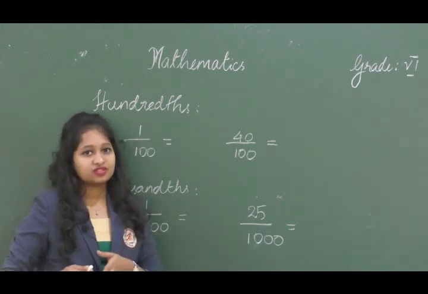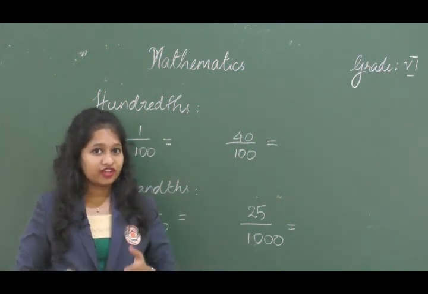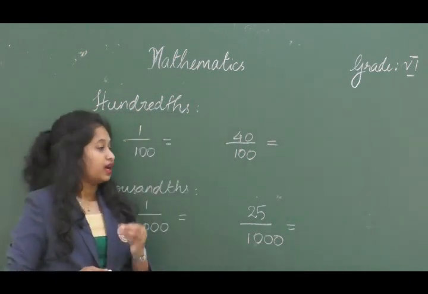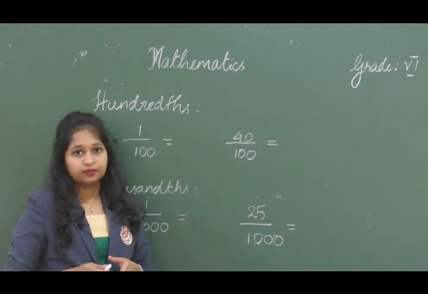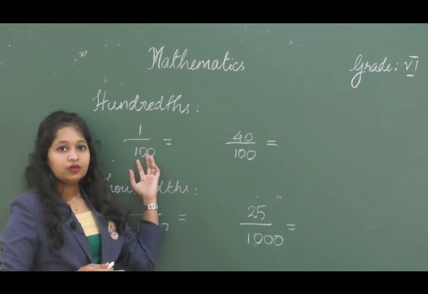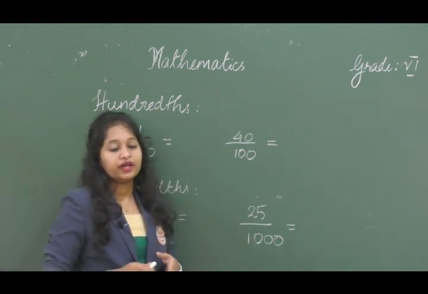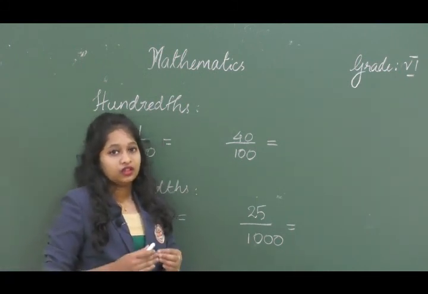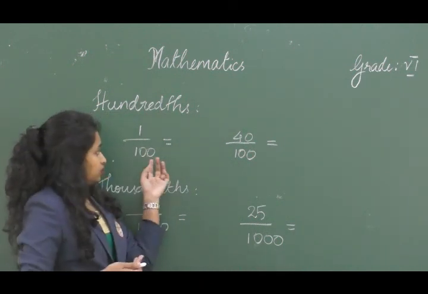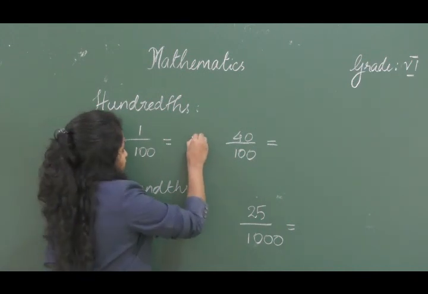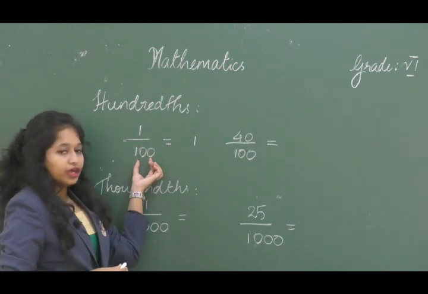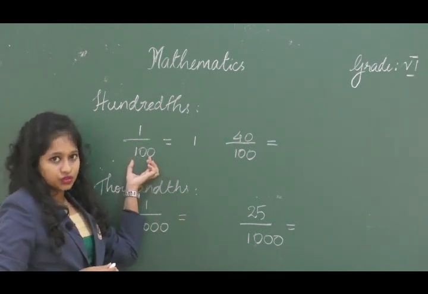So what is hundreds? Decimal fractions that have 100 as the denominator is called as hundreds. I have an example here, 1 by 100. How to express it in decimals? Write the numerator here, and here we have 2 zeros.